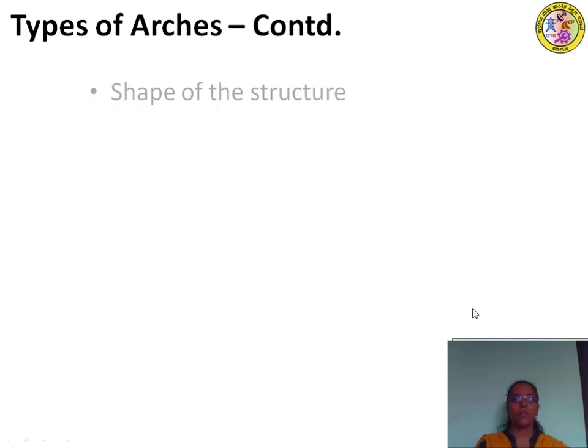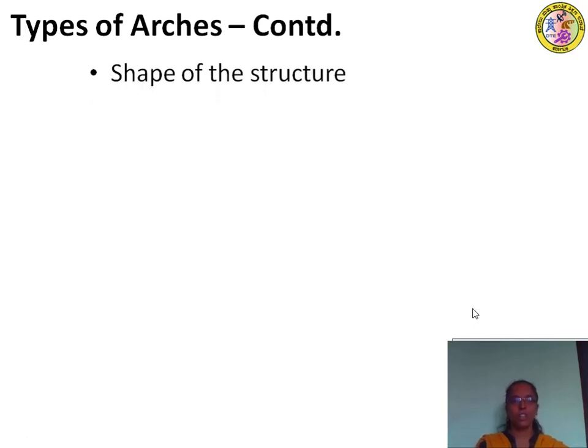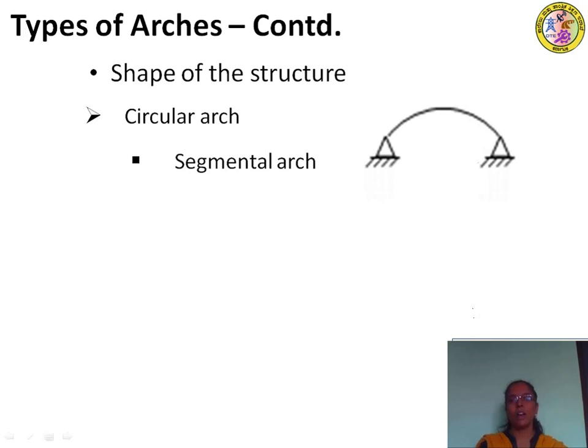Next, we have the classification of arches on the basis of shape of the structure. In that we have circular arch. Again, the circular arch is subdivided into segmental arch. The segmental arch may be a segment of an arch.